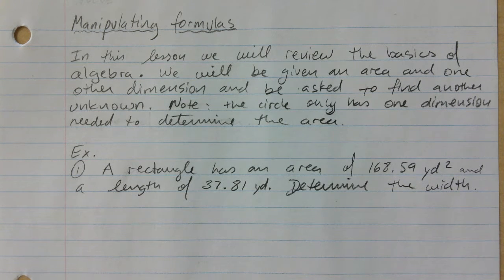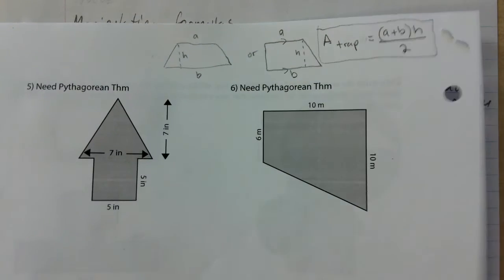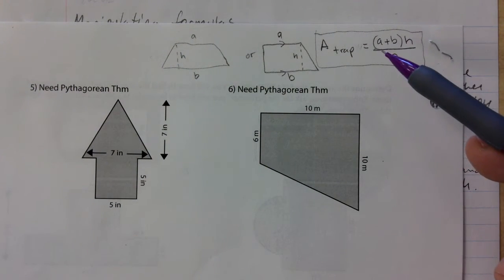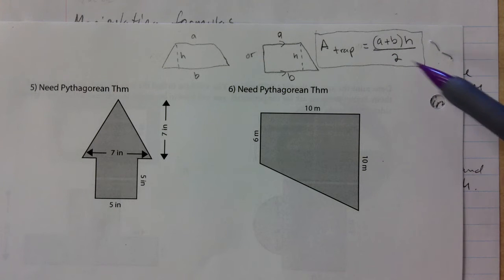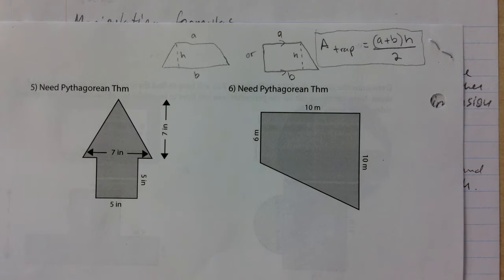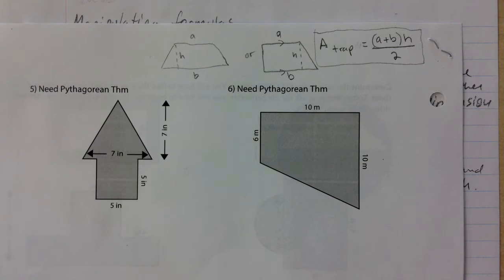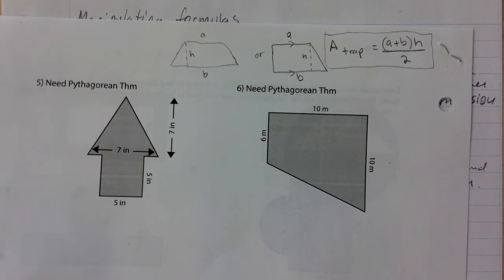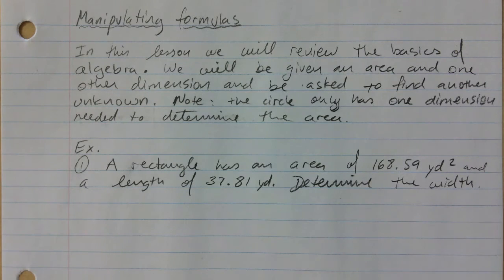Here it is, Arabelle. A plus B times H divided by 2. I will put it back in the notes anyways, Arabelle.